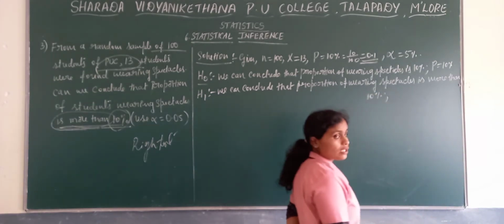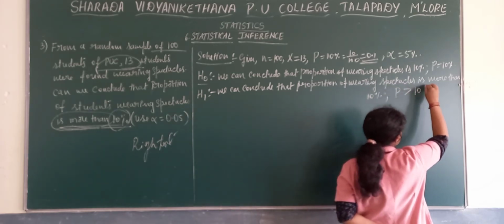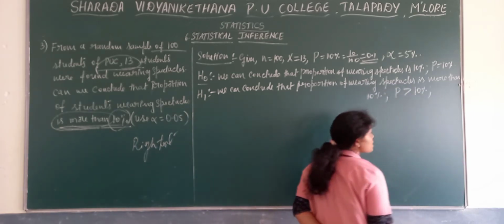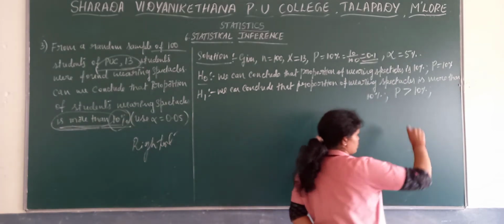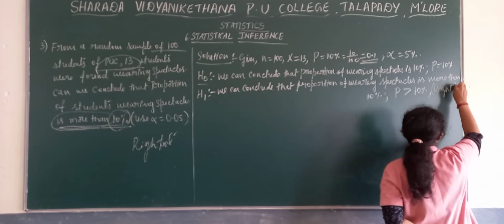So we need to take P as P is more than 10%. So it is a right tail test.